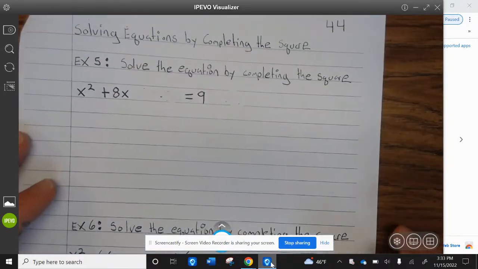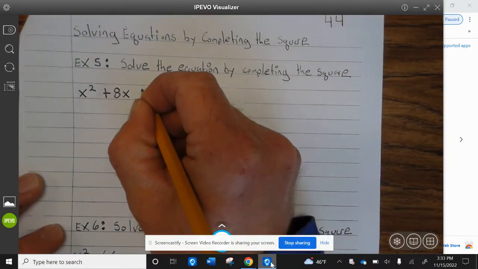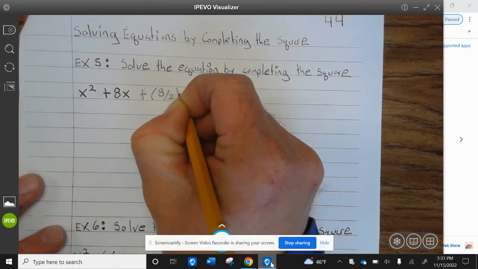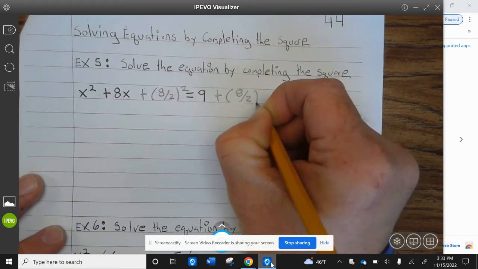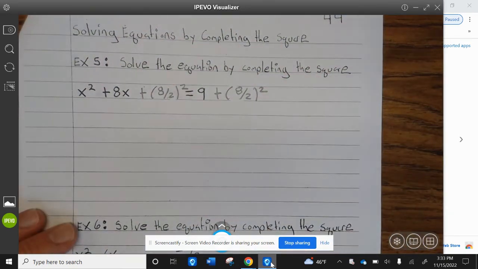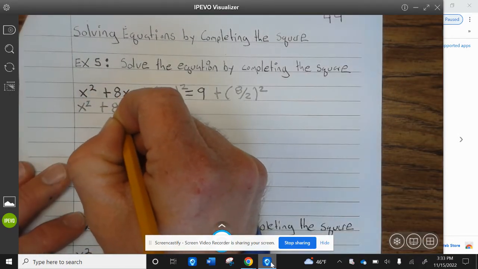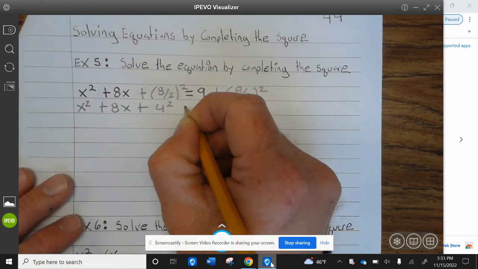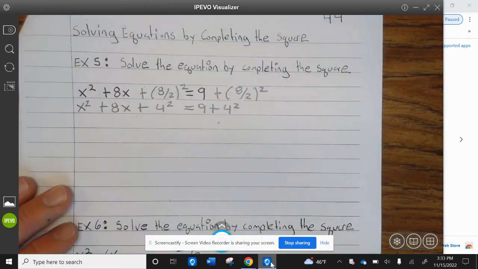All right, example 5. Now we're solving the equation by completing the square. So the first step is we're going to add 8 divided by 2 squared to both sides. Okay, which that's x squared plus 8x plus 4 squared equals 9 plus 4 squared.